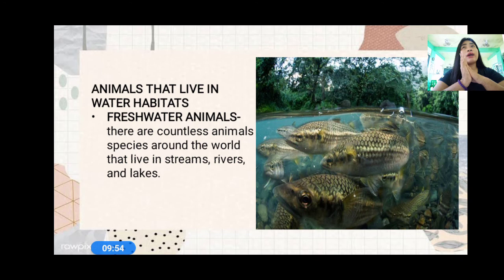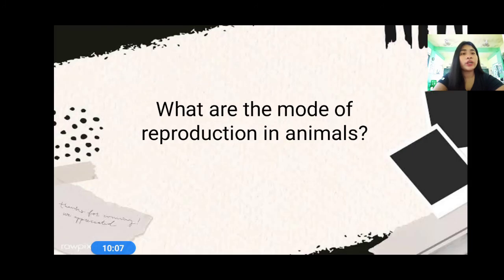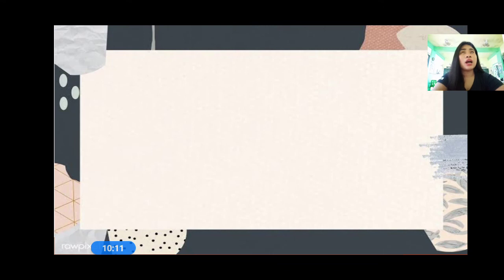So for animals that live on land, we have rainforest, desert, grassland, and mountain. Okay, so I have here questions. Where do animals live?